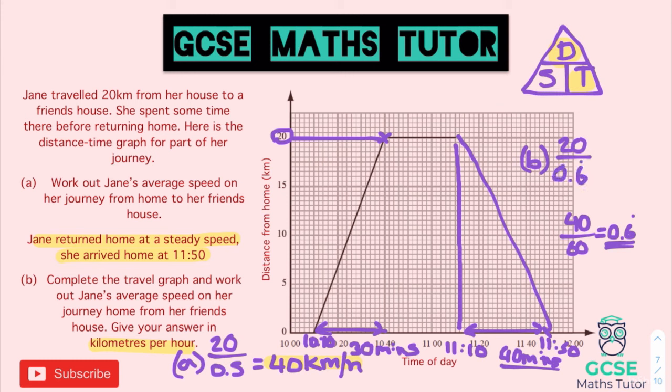Or you could type in 0.6 recurring. Now if I type that in, 20 divided by 0.6, again you'll have to be able to use your recurring button, and if you press equals, that comes out as 30. So the answer there is 30, and that is again kilometres per hour. And there we go, that would be our final answer.